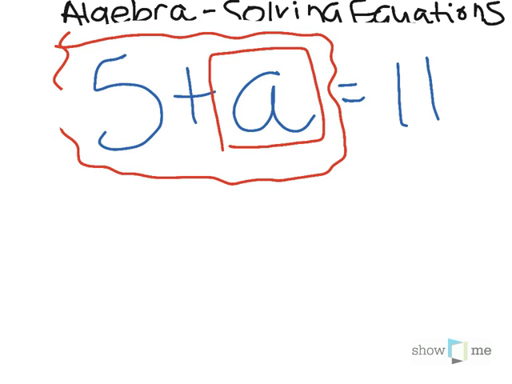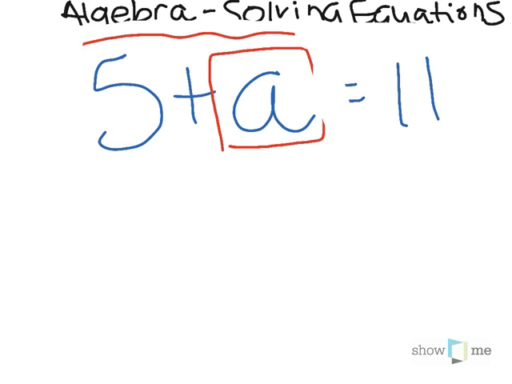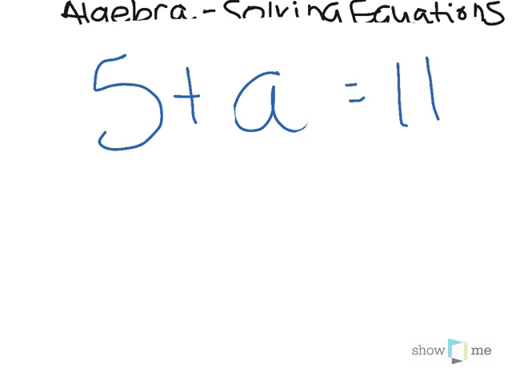If I have something positive and I want it to go away, for example, if I had $5 and I wanted to have no dollars, I'd spend it. Well, it's kind of the same thing in an algebra equation. If I have a positive 5, to make it go away, I make it a negative 5.